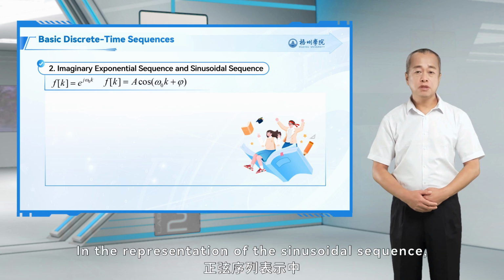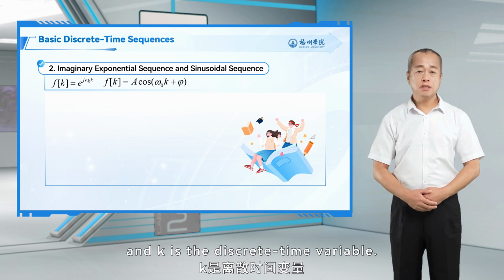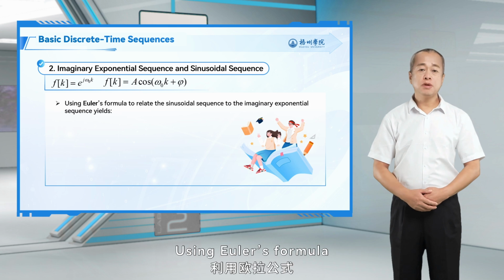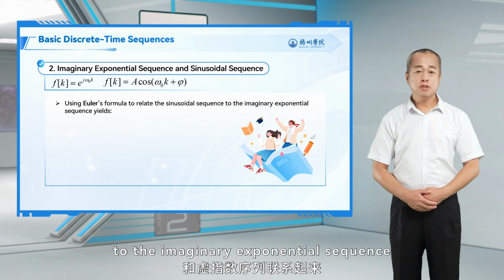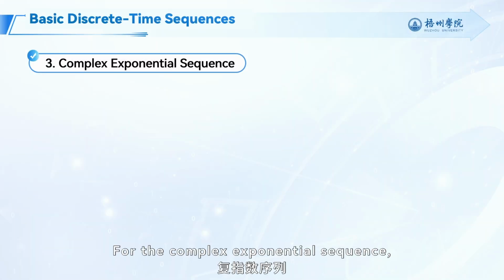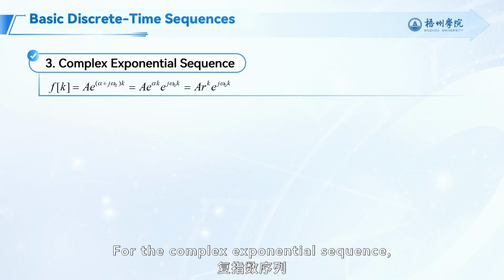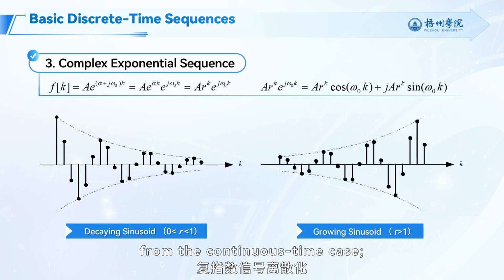In the representation of the sinusoidal sequence, A is the amplitude, omega 0 is the angular frequency, phi is the initial phase, and k is a discrete time variable. Using Euler's formula to relate the sinusoidal sequence to the imaginary exponential sequence yields the 3 equalities labeled 1, 2, and 3.